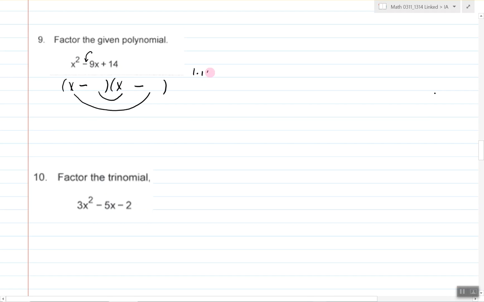That's 1 times 14 or 2 times 7. Because the signs are the same, their sum has to be 9. So it's going to be 2 and 7. The signs are the same, so it doesn't matter what goes where. Product of the first, x times x is x squared. Outer product, negative 7x. Inner product, negative 2x. Those add up to be negative 9x.